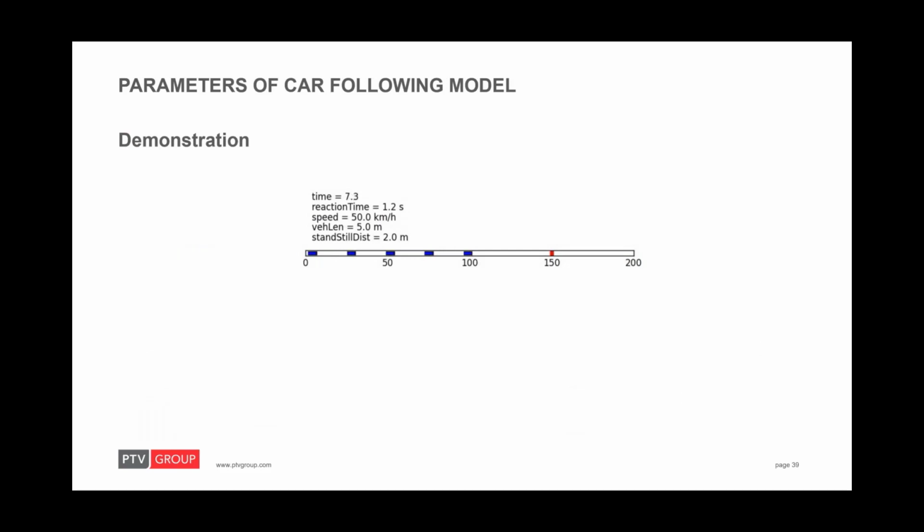Let's see how some of these parameters actually impact the results. So here we have, for example, car following parameters for the basic vehicle length and speed. So this is what your car following looks like when you have your basic parameters set.